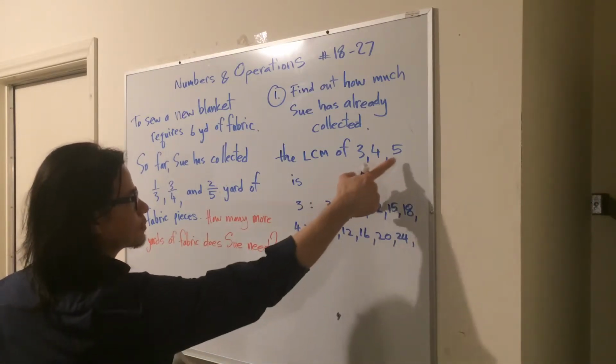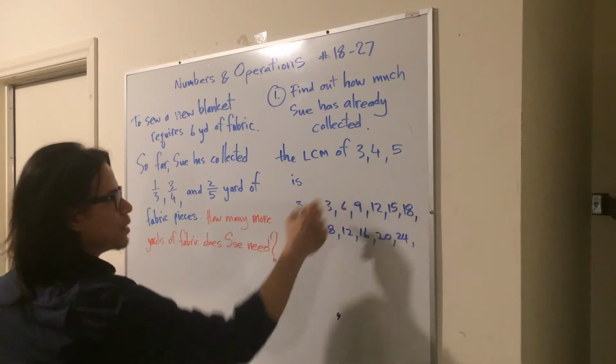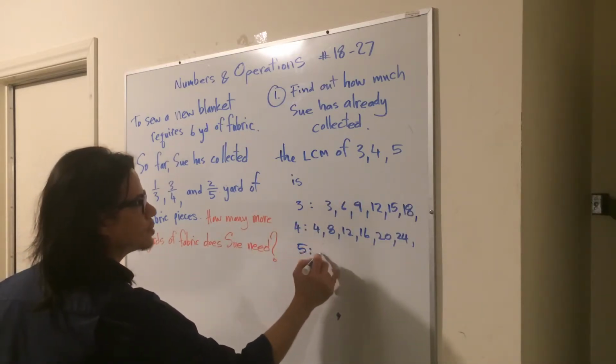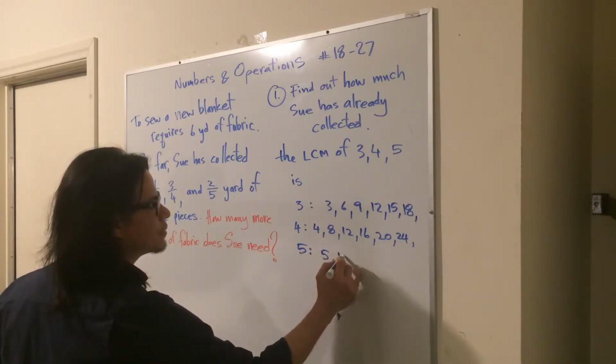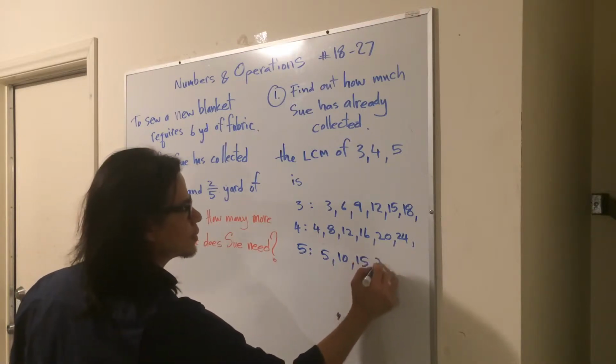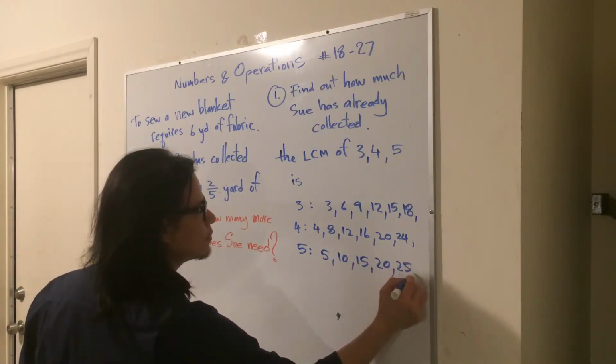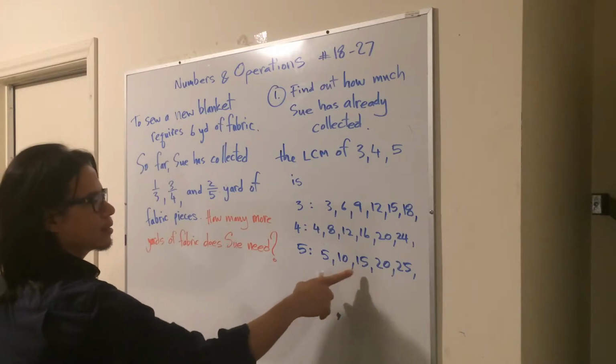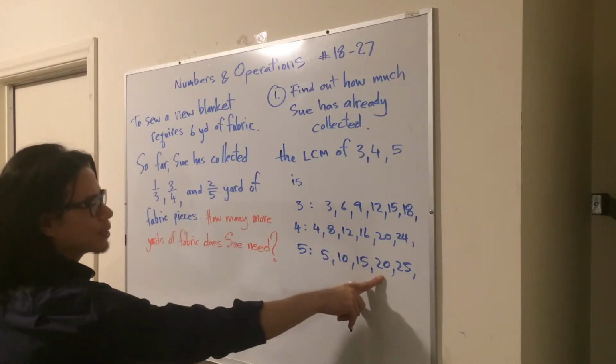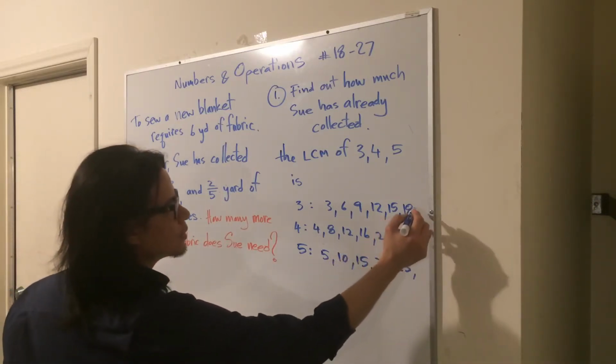But we cannot settle on that because there's also a 5 here. The multiples of 5 are 5, 10, 15, 20, 25. So 4 and 5 have 20 in common, but 3 does not have a 20.